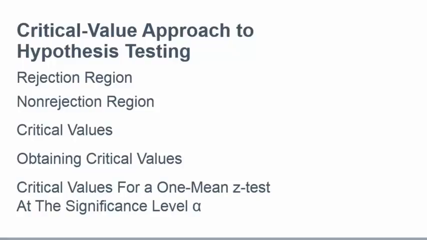Obtaining critical values: the critical value must be chosen so that, if the null hypothesis is true, the probability is alpha that the test statistic will fall in the rejection region.